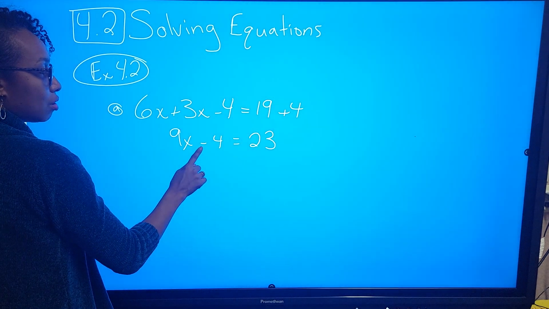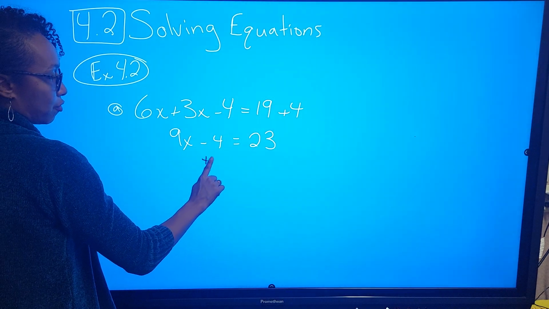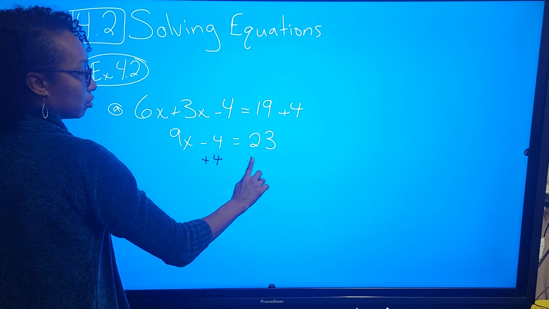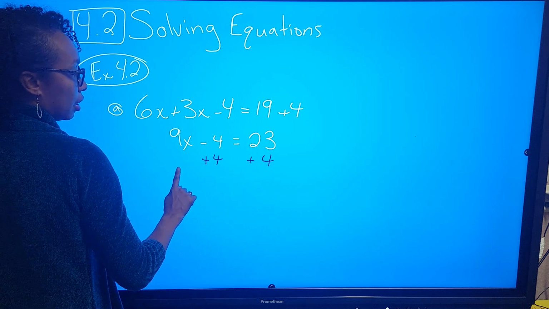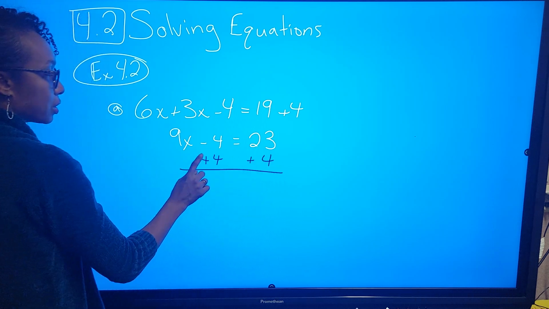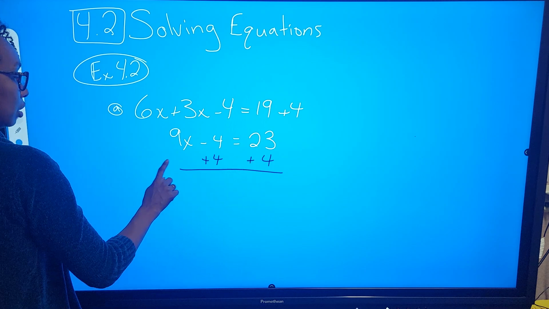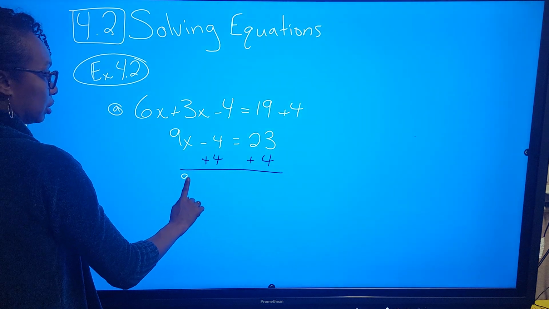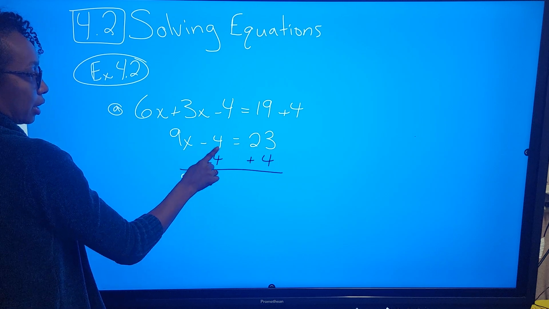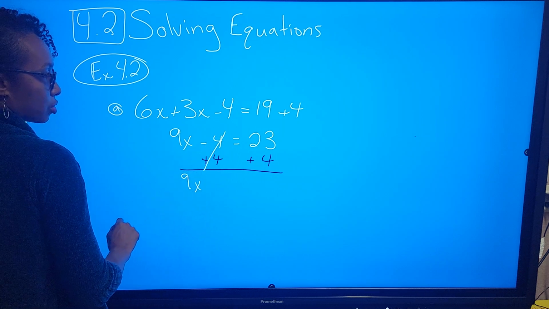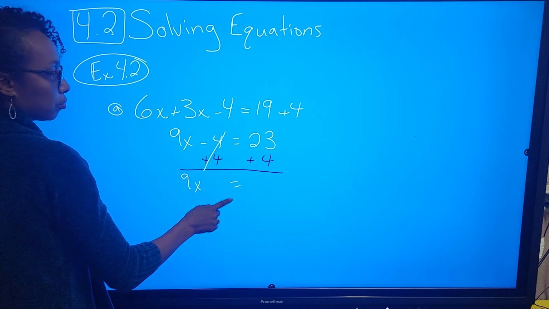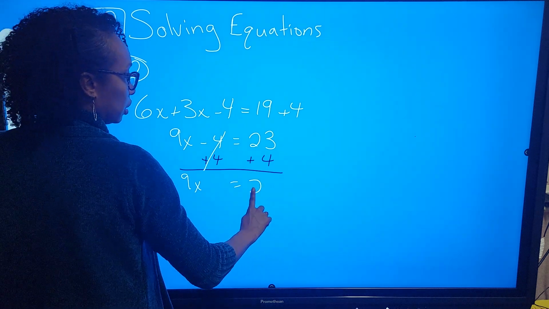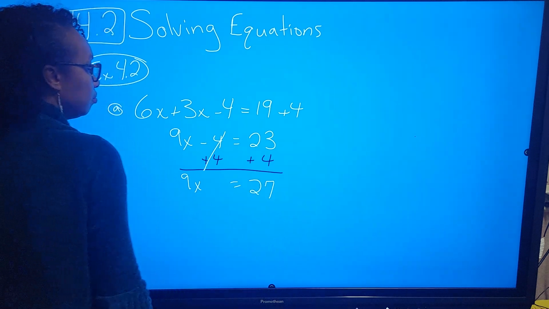The opposite of subtracting 4 will be to add 4 because we want to cancel that out. Our property of equality says I can do that as long as I add it on both sides. So now I'm going to bring down what's left. 9x is still here. I notice that minus 4 plus 4 cancels or ends up as 0. And 23 plus 4 is 27.